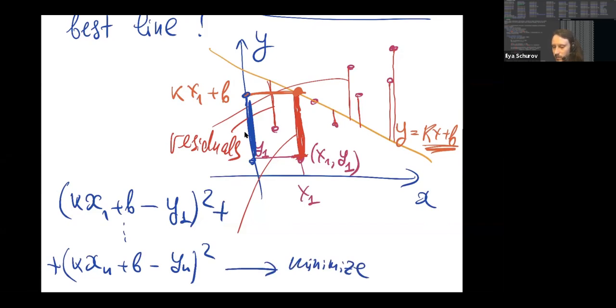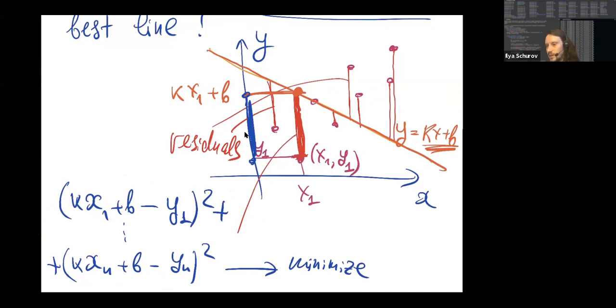We can change this line, and every line gives us its own values of these residuals. Note that your data is fixed now, and you just try to find the line such that this sum of squares of residuals is as small as possible.